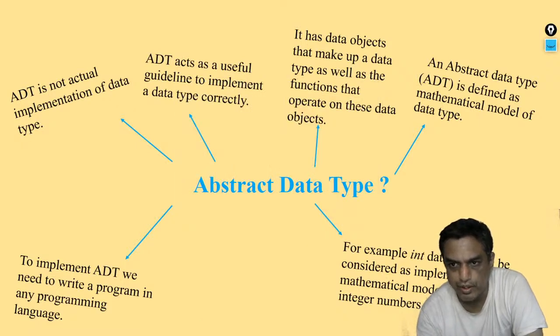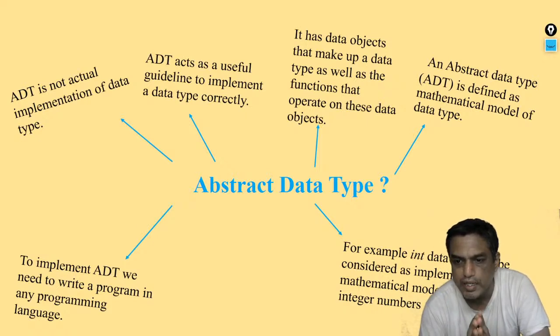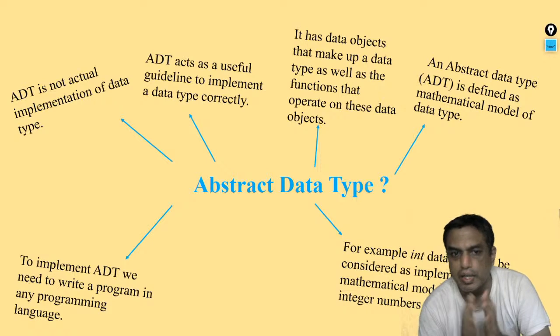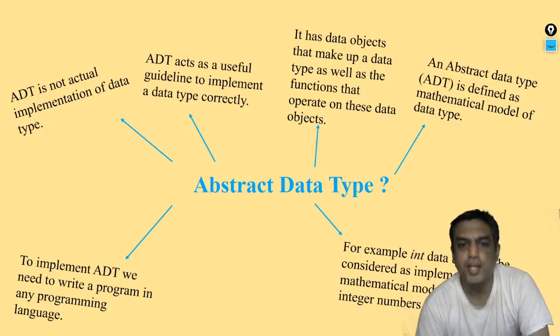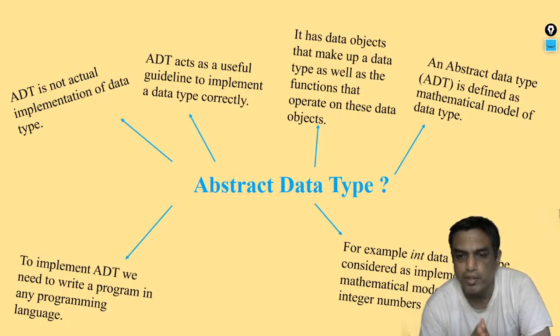So before going to the example of int data type as abstract data type, please try and understand: data type is different, data is totally different, abstract data type is totally different. Data types we already have in the C programming language. For abstract data types, we are going to prepare a new data type which is not present in the C programming language.